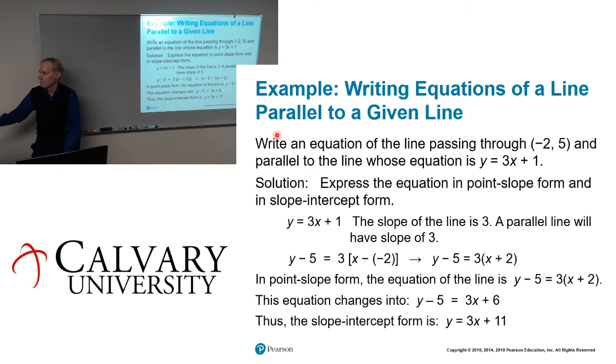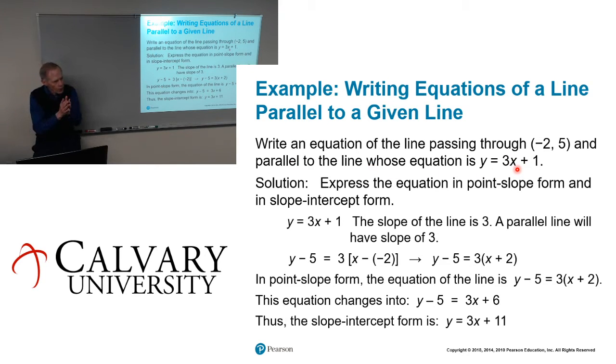So now's where we get moving up to a little more difficulty in thinking about how can you solve what's going on. So be sure that you clearly read and understand the question. Here it is. Write an equation of the line passing through this point that is parallel to the line that you have this equation.